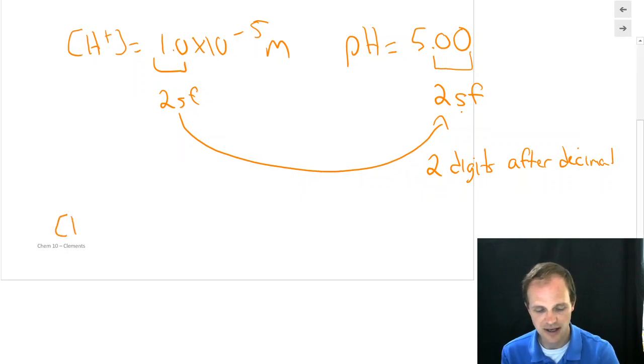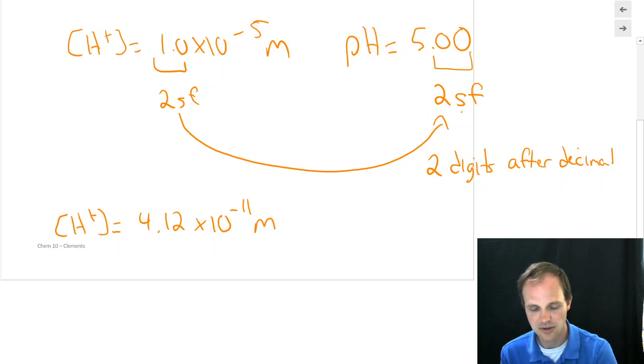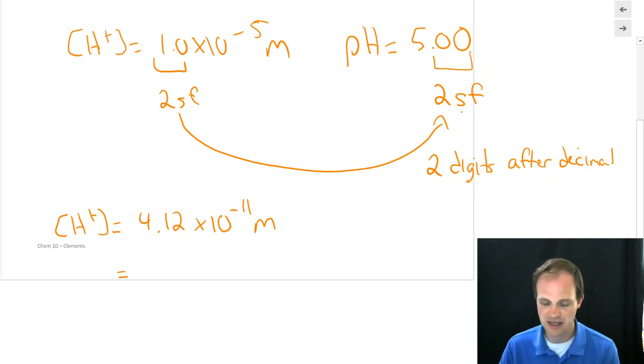So if I had my H plus as 4.12 times 10 to the minus 11th molar, and I want to know my pH, I just take the negative log of 4.12 times 10 to the minus 11th.